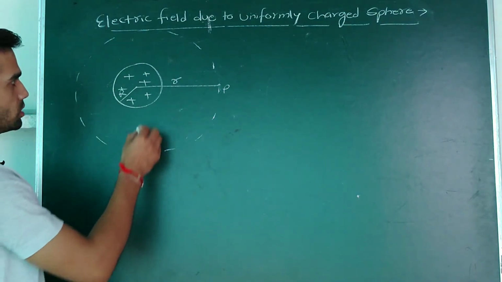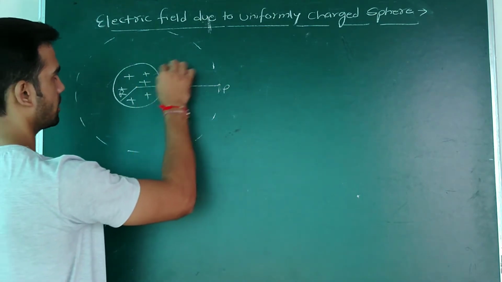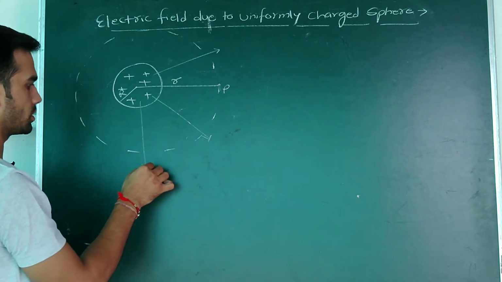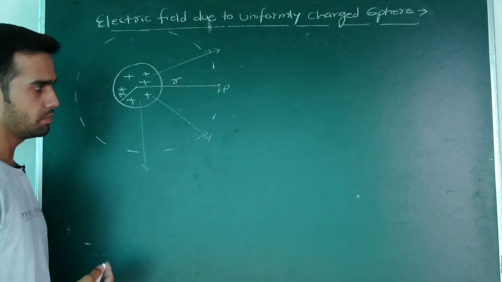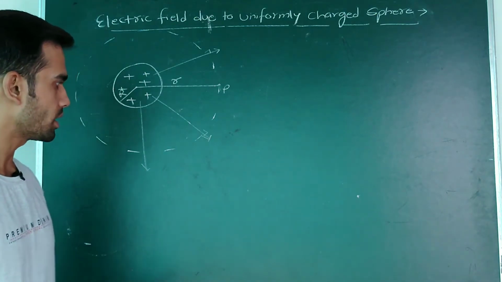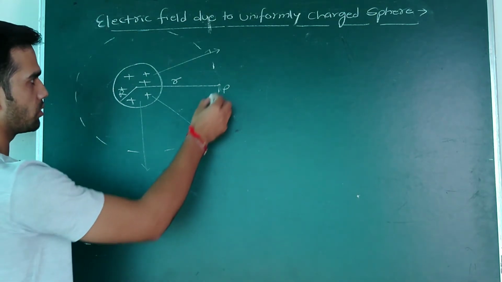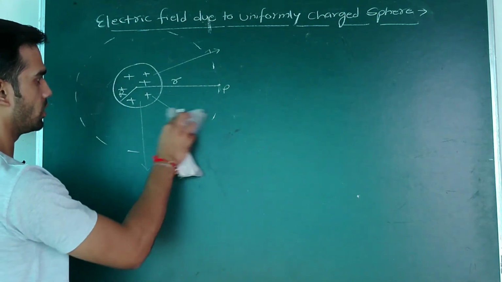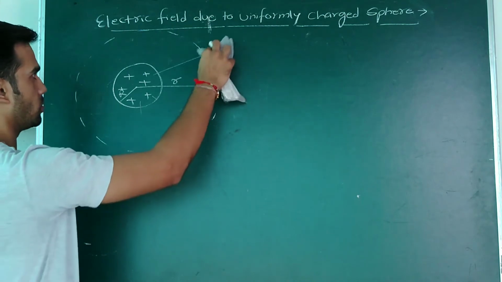Suppose there is a plus charge; the electric field due to a plus charge is always radially outward, and at every point the electric field is perpendicular or normal to the surface. Now, since we want the electric field only at point P, we can erase all these other lines.